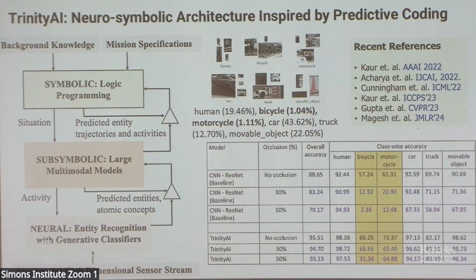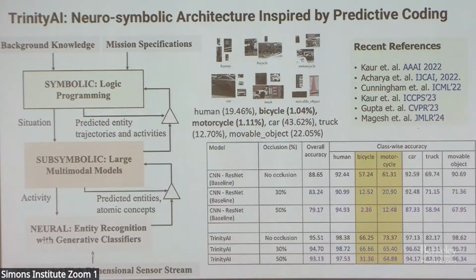The first, bottommost layer is completely neural, and it's responsible for making atomic decisions about, let's say, what objects exist out there. So think of segmentation models, object detection models, Grounding DINO, these kinds of models, which go out, look at the world, and come up with these atomic concepts.